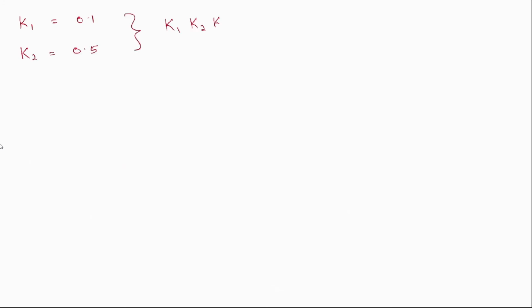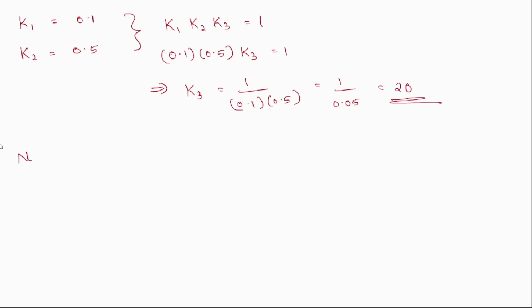We substitute these in the equation K1 into K2 into K3 is equal to 1, and we get the value of K3 as 1 by 0.1 into 0.5, so K3 will be 1 by 0.05, and that will be 20.